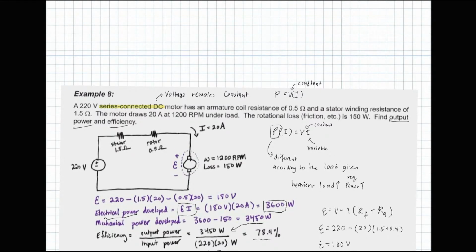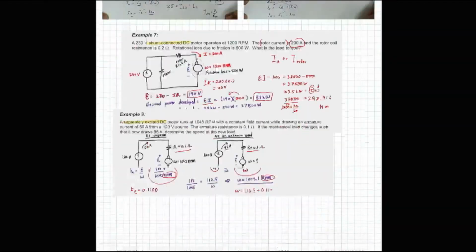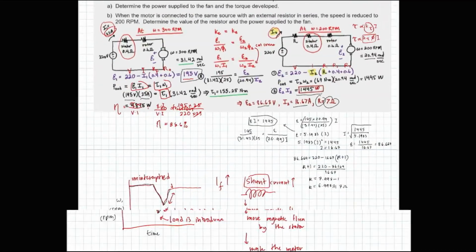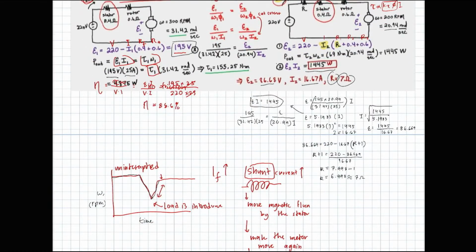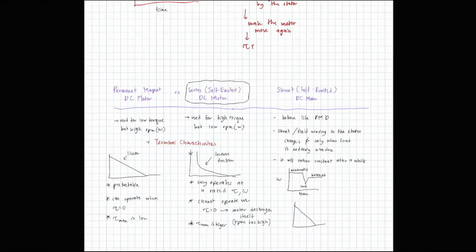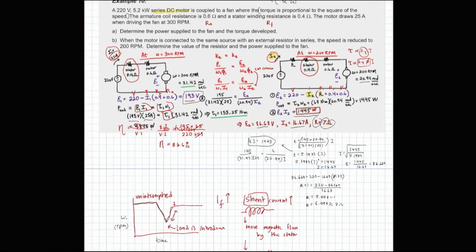Berapa jam kita ni? Sejam 47. Okay, so we spent 1 hour on explaining and 47 minutes on doing examples. Okay, so ada semua okay? Semua faham tak?